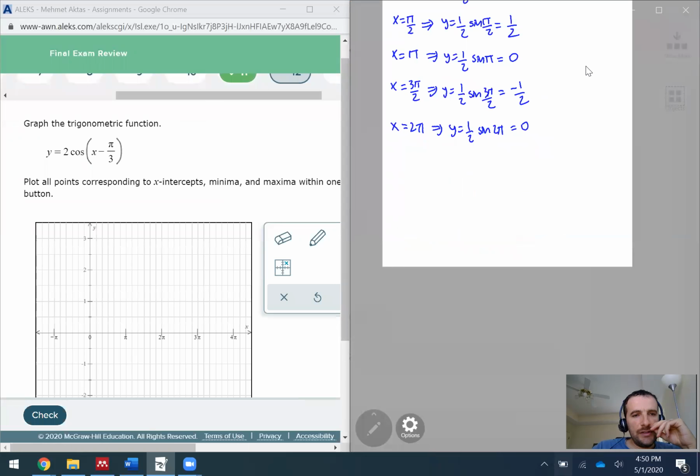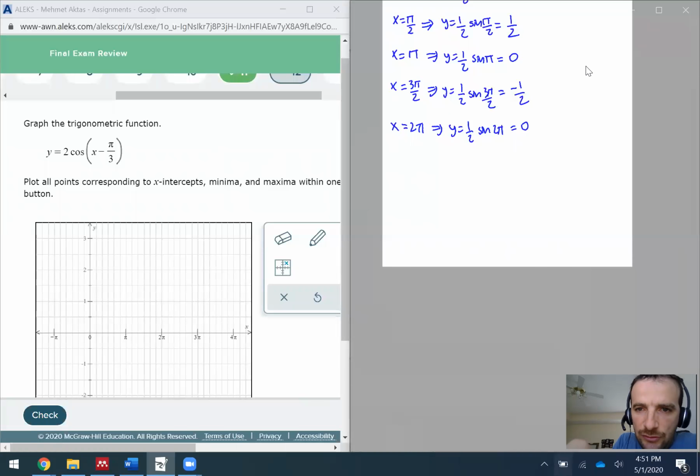Graph the trigonometric function 2 cosine of x minus pi over 3. Now we have to be careful. We can always use our methods whenever we have a number inside the parentheses. So the phase shift is pi over 3, and we have to shift the graph right pi over 3 units and multiply it by 2.